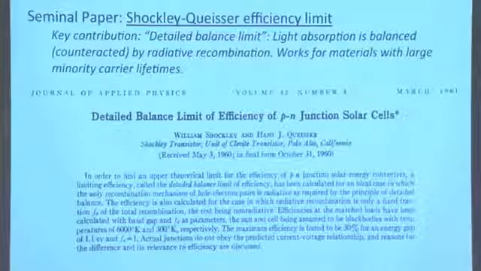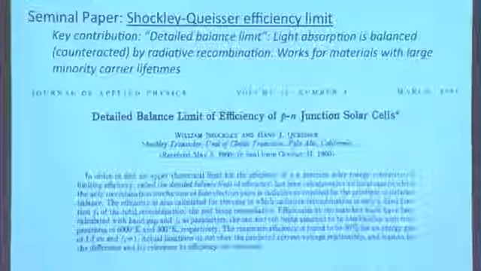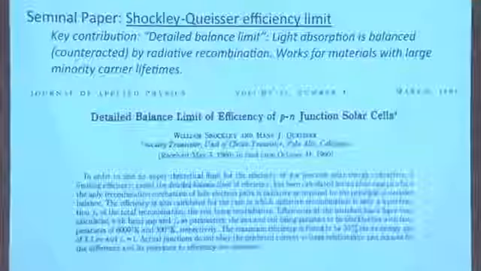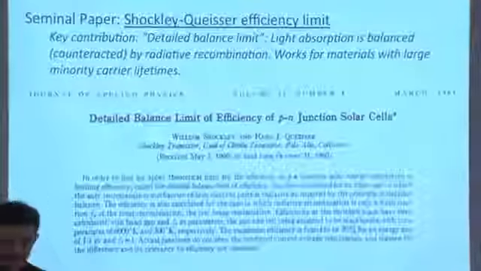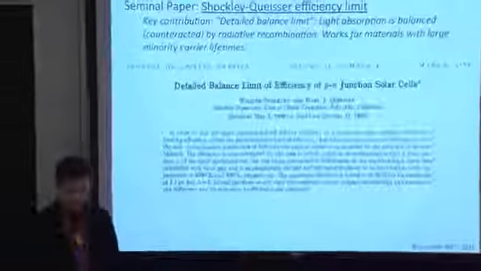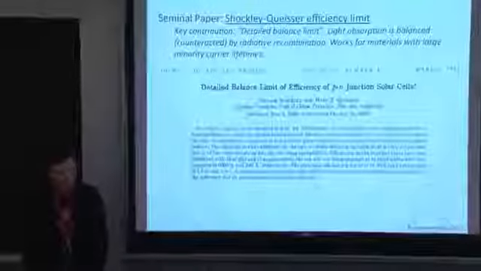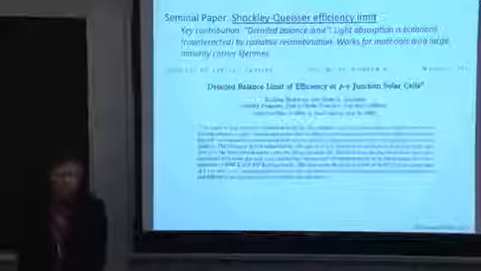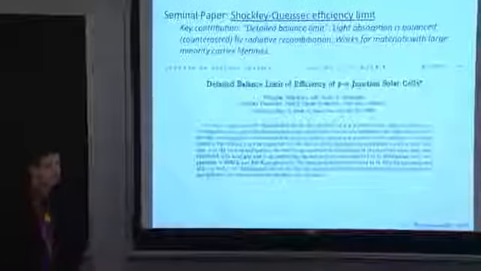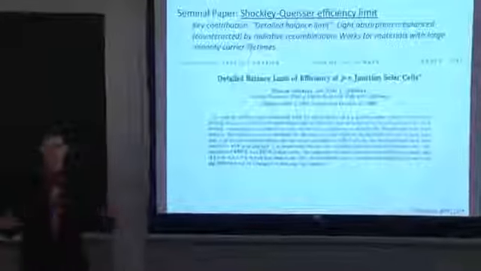Now, what a detailed balance model does is basically accounting for all of the photons coming in and out of the device. Through the photons, the electron-hole pairs are generated. This is assuming a very high quality material that does not have any form of recombination other than radiative recombination. Right, so we talked about the different methods of limiting lifetime.